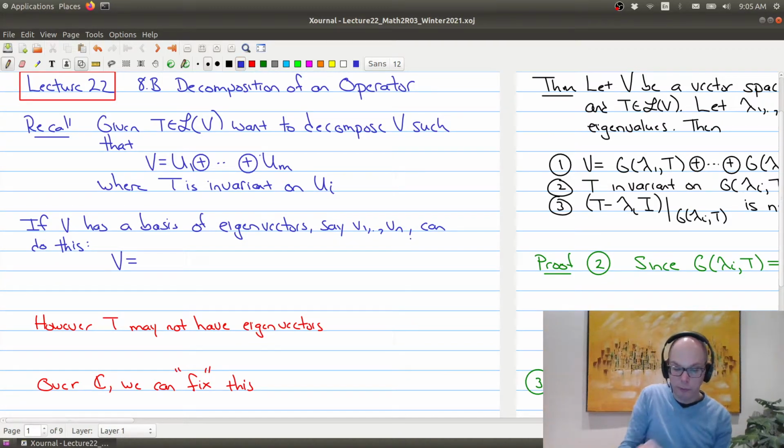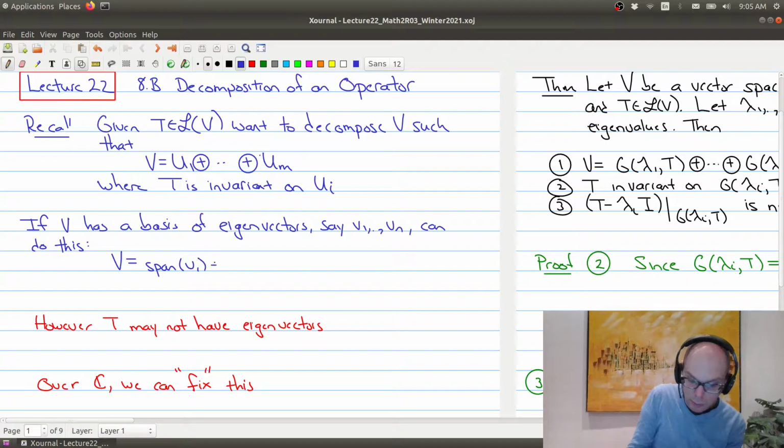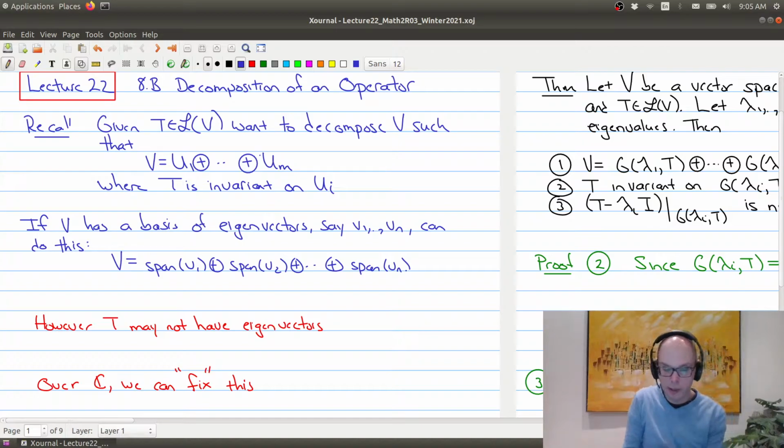Say that V1 through Vn is your basis, then V can be written as the direct sum of span of V1, direct sum span of V2, and so on. And the operator is invariant on each of these subspaces.